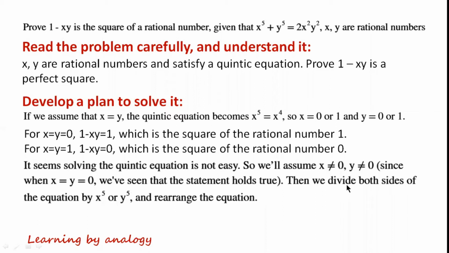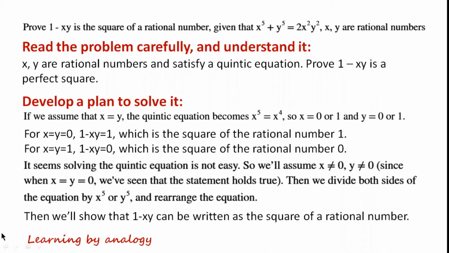Then we divide both sides of the equation by x to the power of 5 or y to the power of 5 and rearrange the equation. Then we'll show that 1 minus xy can be written as the square of a rational number.